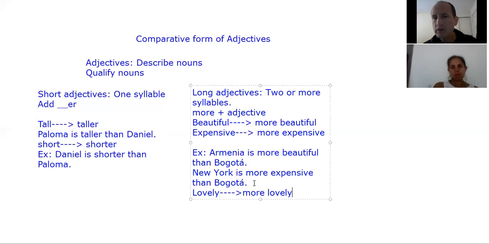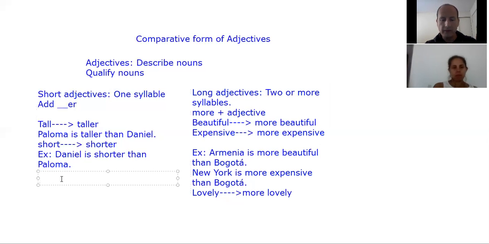However, there are some others that have 2 syllables that might be in this rule. For example, I want to come back here. Let's say pretty. Pretty is something beautiful as well, a synonym of beautiful. Ven, entonces yo estoy pensando, sí. Yes, ask me the question, please.